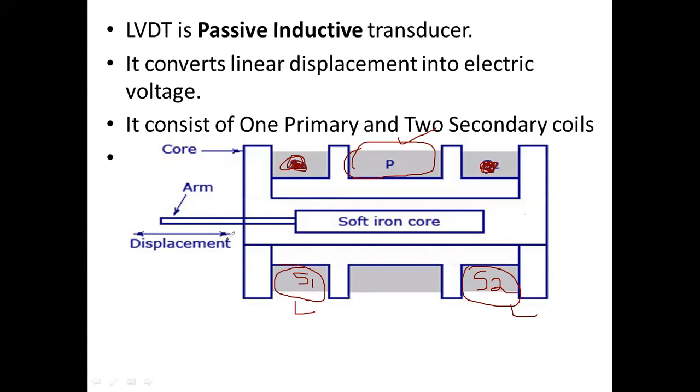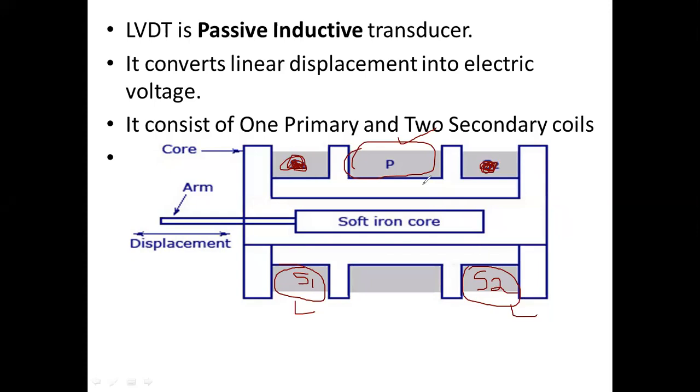So I will just give the explanation here. By providing the supply to the primary winding, flux will be produced because it is a winding. That flux linkage will occur at both the secondary windings, S1 and S2.